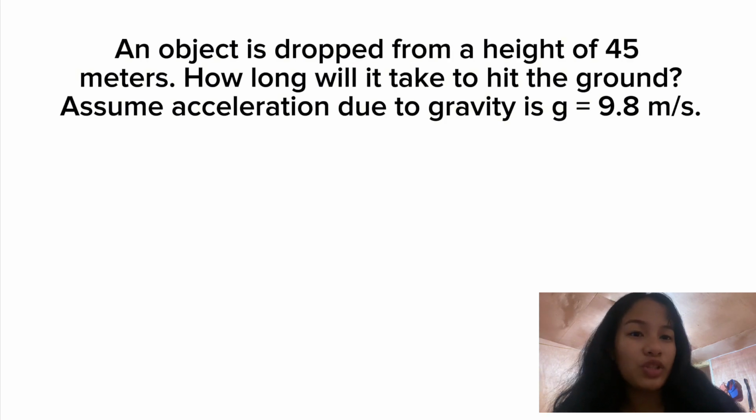An object is dropped from a height of 45 meters. How long will it take to hit the ground? Let's assume that acceleration due to gravity is 9.8 meters per second squared.